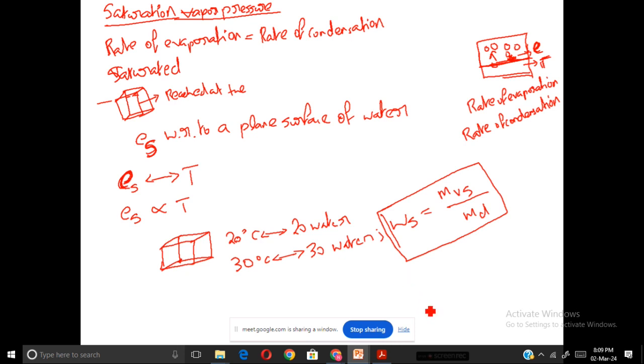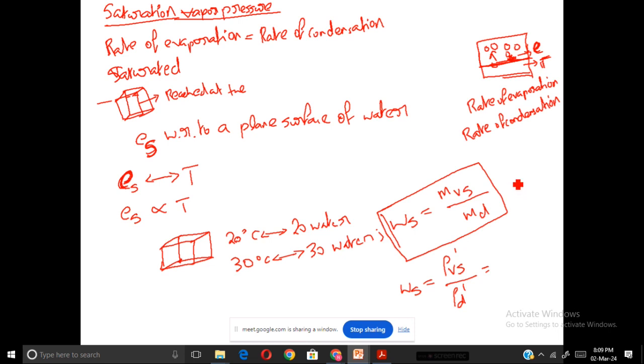And in terms of density, we can write WS is equal to, since the volume is the same, rho VS' by rho D'. Instead of mass, we can write in terms of density, rho VS' by rho D'.